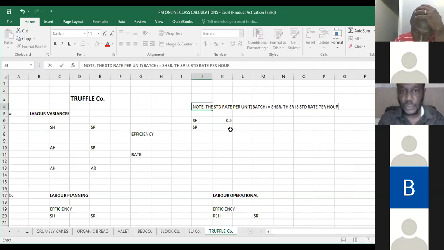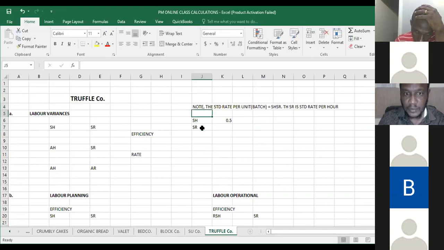It means that if our standard hour standard rate is 6, right? So maybe I should continue on that before I start.